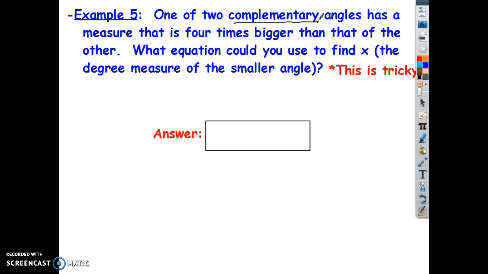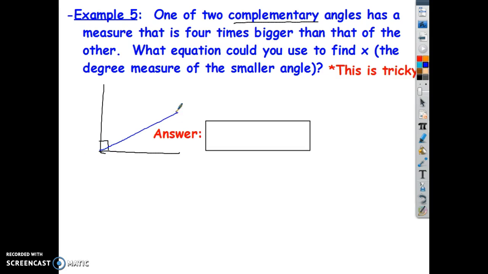Okay, well we know if we were to draw this out, let's pretend that's a straight line. So here's my 90-degree angle. Okay, well we have a line, we have 2 angles here.